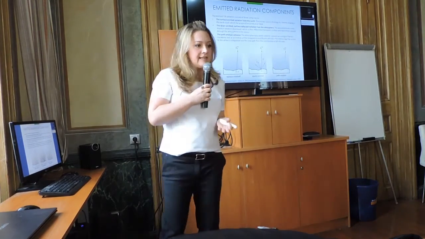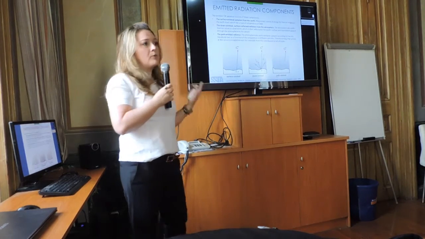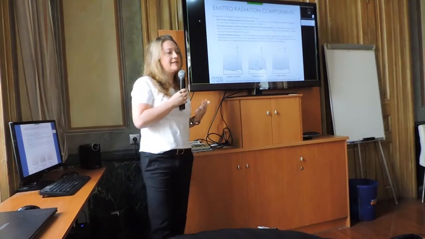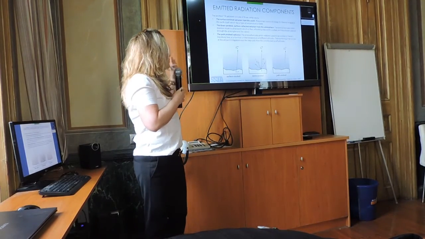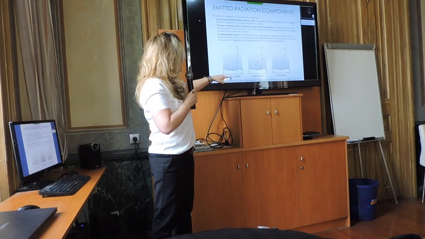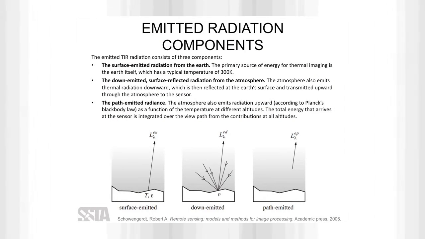Yet life is not that easy because you have some more radiation components when we talk about thermal infrared radiation. The dominant component, and the one you're interested in, is the radiation that is emitted by the surface, because you actually want to measure the temperature of the surface.